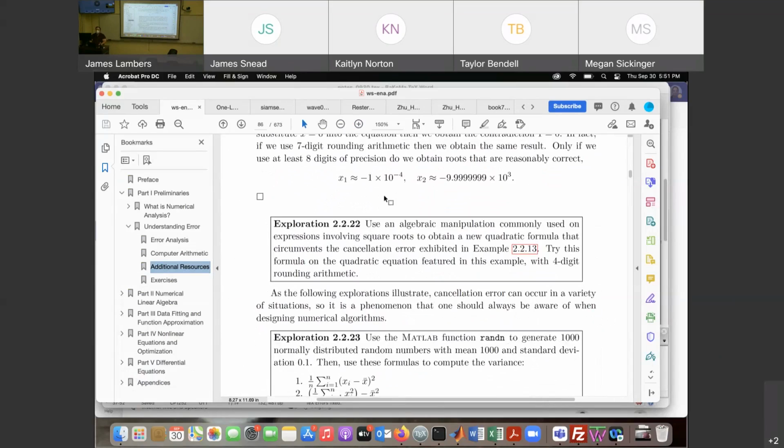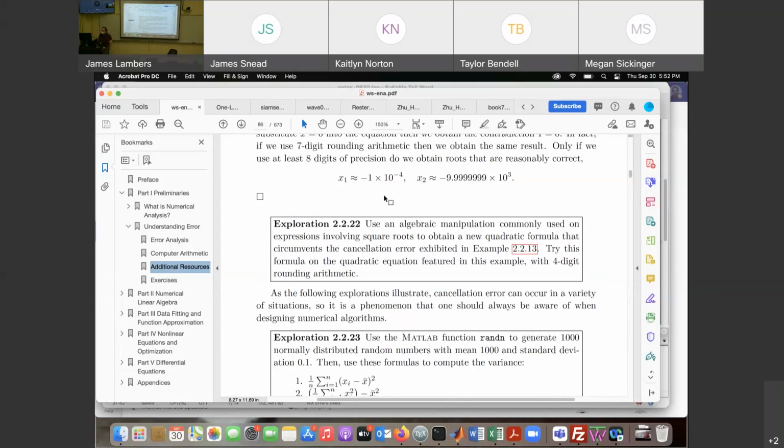Go ahead. For the algebraic manipulation, is that just multiplying by the conjugate? Yeah. Okay, that's what I did, and I ended up still having a square root in the denominator. That's okay.